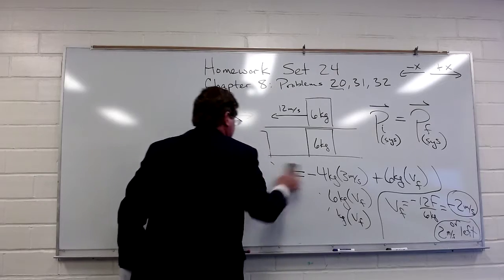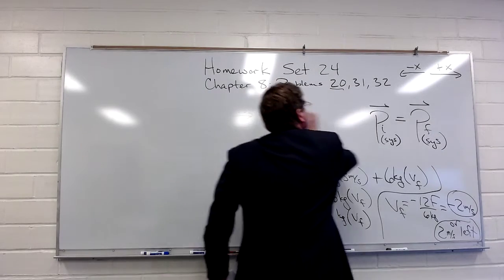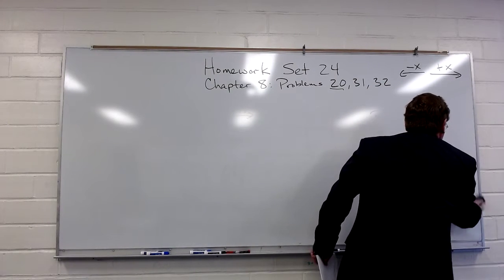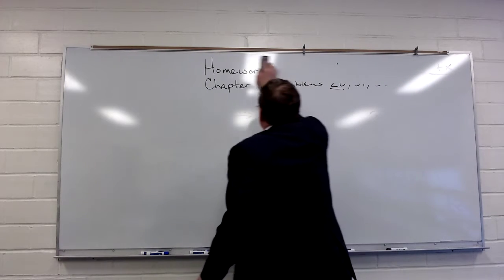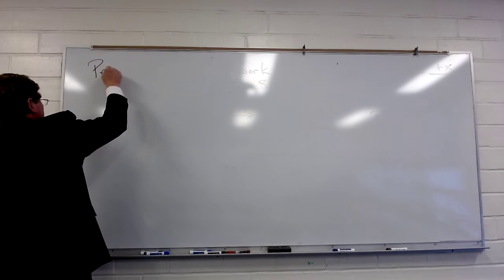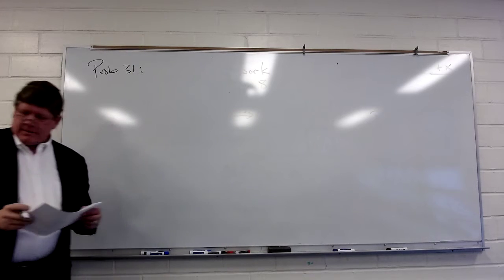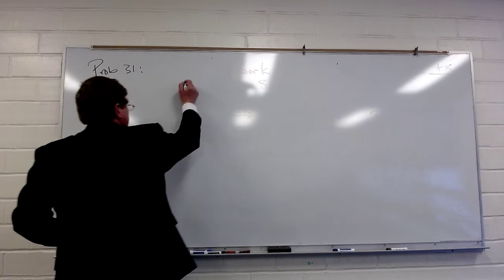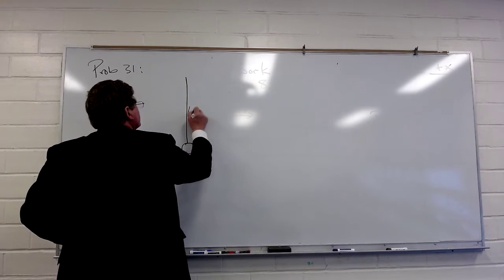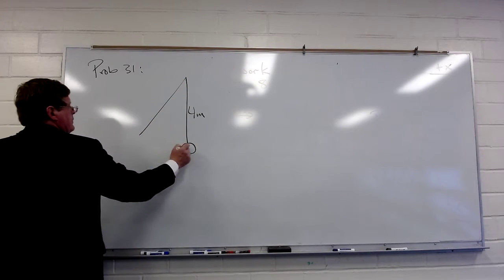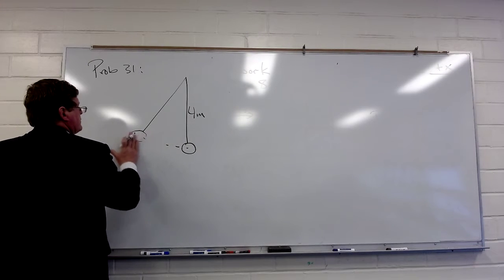Okay, let's look at a couple of pendulum problems. If we look at problem 31, in that problem, we have a pendulum that is length 4 meters, and we swing it up so that, oh, that got bigger, didn't it?